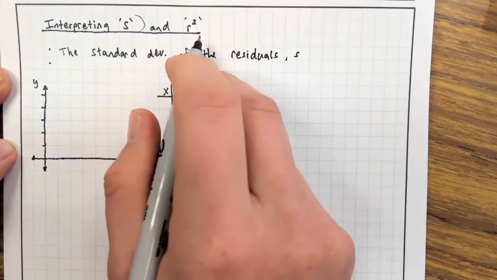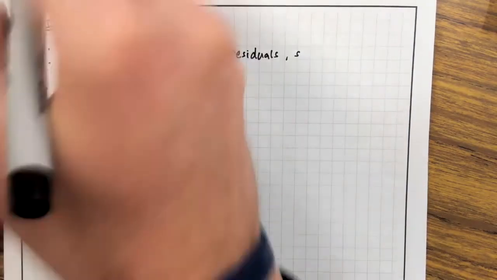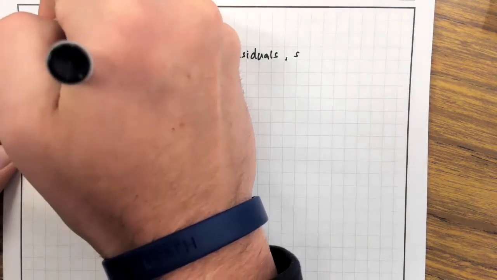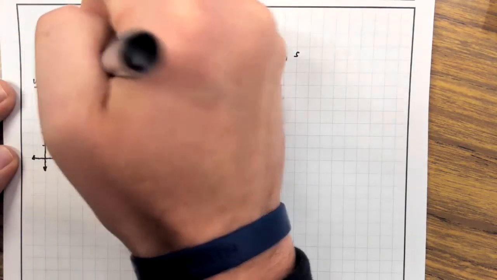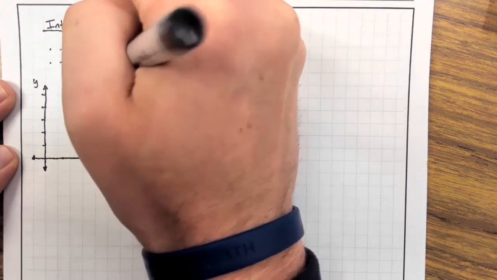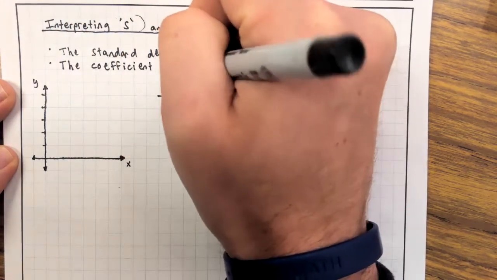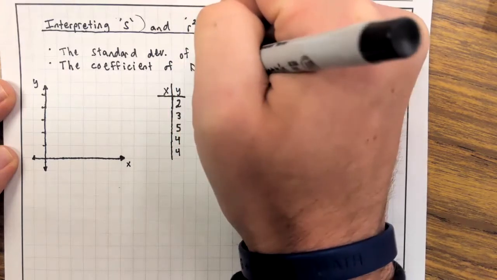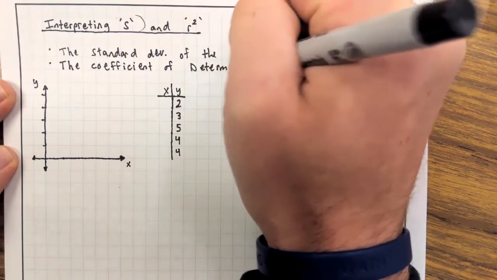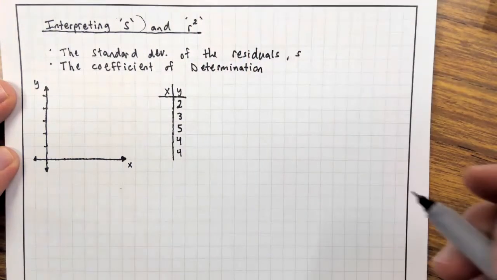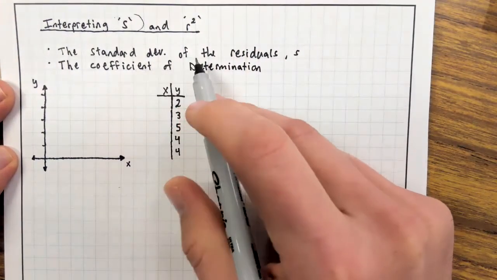R squared, the name for it is the coefficient of determination. So we should have a pretty good handle on what the standard deviation means.